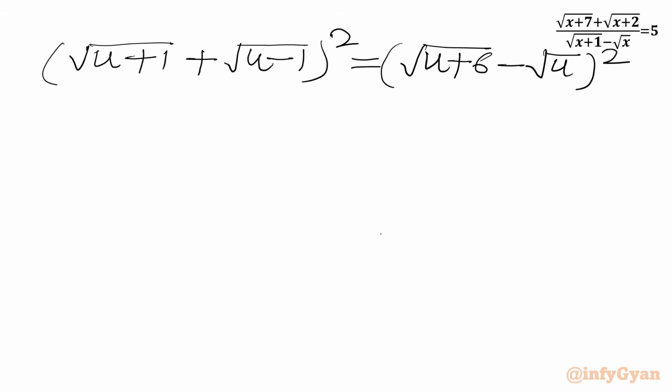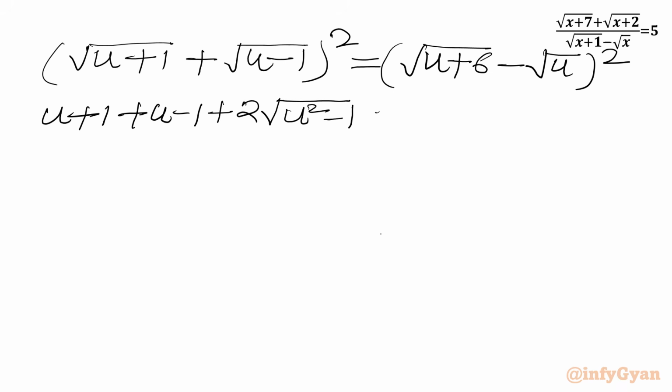We'll be using the (a + b)² and (a − b)² identities. So I will get u + 1 + u − 1 plus 2 times the product of both. Using the difference of two squares identity, we'll write u² − 1. On the right hand side, u + 6 + u − 2 times √(u(u+6)).